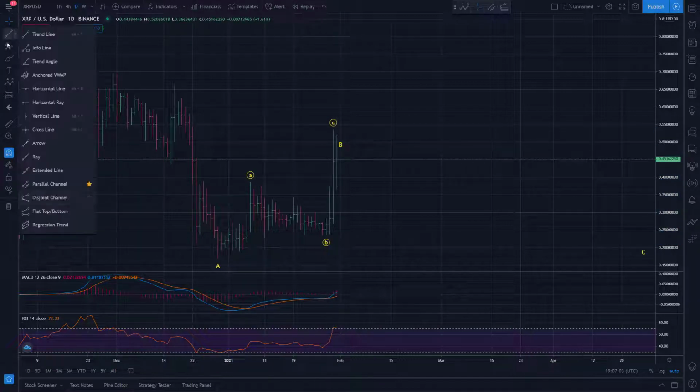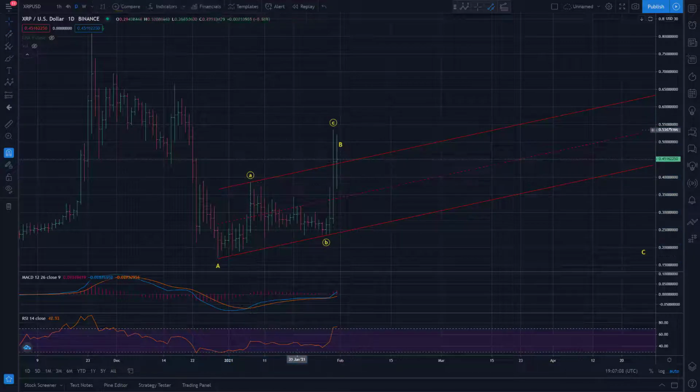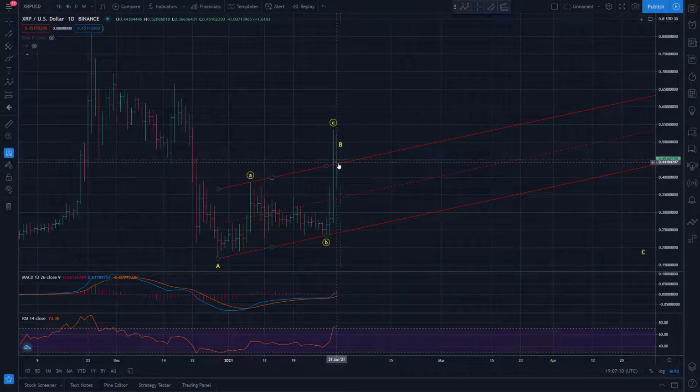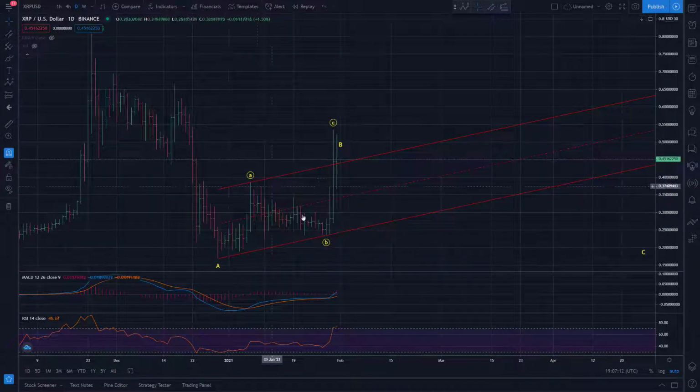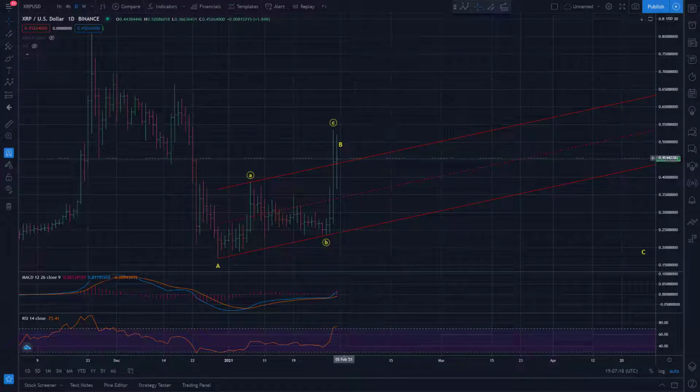And if I just draw a nice trend channel here, like that, you can see we're kind of poking out of the trend channel. So maybe we got a 1, 2, wave 3 just starting up. That's possible if we actually stay above this channel and start really gaining some ground up here.